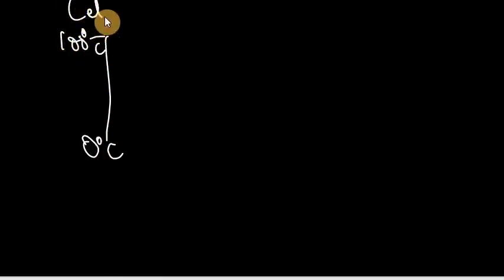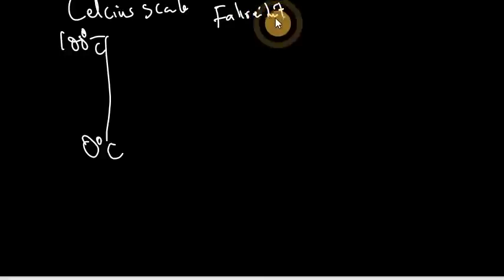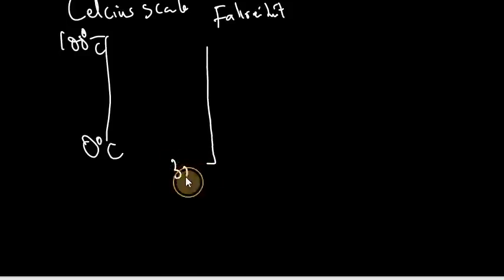For the Fahrenheit scale, this is 32 degrees Fahrenheit, and this is 212 degrees Fahrenheit. So we want to convert from centigrade to Fahrenheit. Let's see if we can find a relationship.